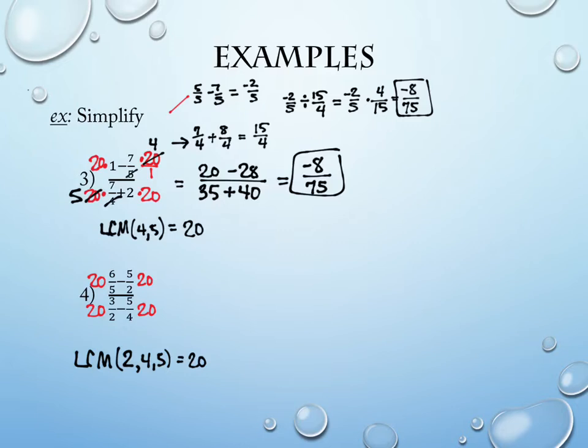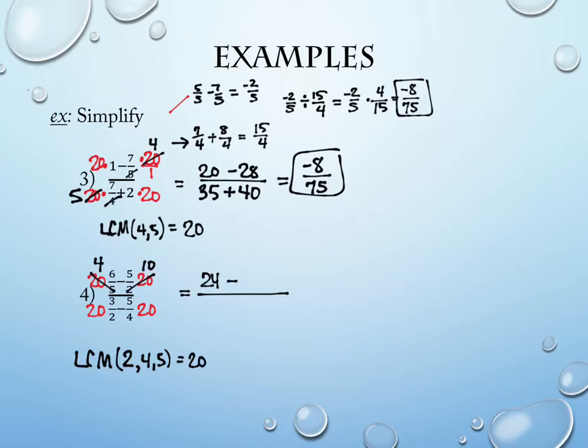So this 20, the first one, is going to be divided by 5. What's 20 divided by 5? 4. So I'm left with 4 times 6, which is 24. Second piece: I have this 20, and it's divided by 2. What's 20 divided by 2? 10.